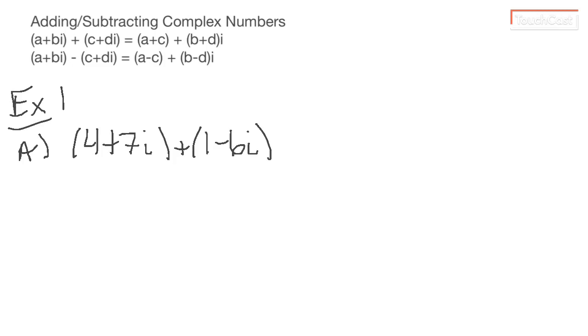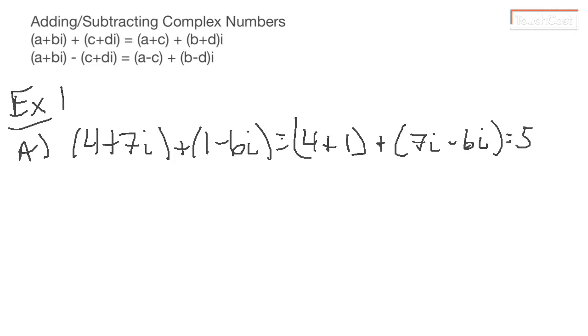So we're going to just go and add the real parts. We're going to go 4 plus 1, plus 7i minus 6i. Well, 4 plus 1, that's 5. 7i minus 6i, that's going to give me plus i. So my answer is going to be just 5 plus i.